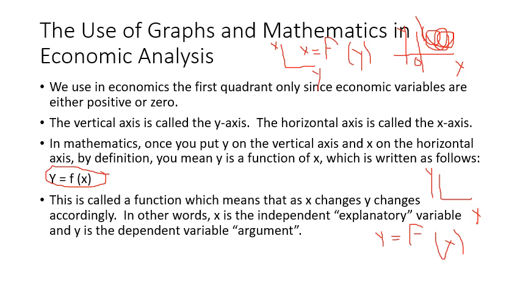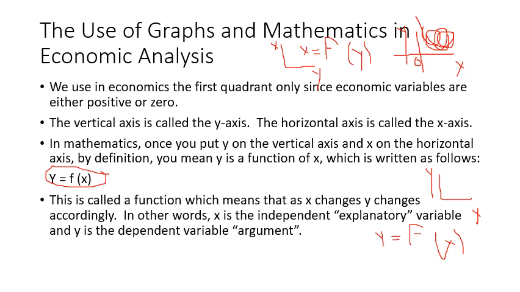بنسمي x المتغير المستقل أو المتغير الشارح، وبنسمي y الارجيومنت اللي هي يعني النتيجة بتاعت الدالة، أو الديبندنت variable أو المتغير اللي هو التابع. And this is the meaning of that. Remember, in other words, x is the independent or explanatory variable and y is the dependent variable or the argument of the function.